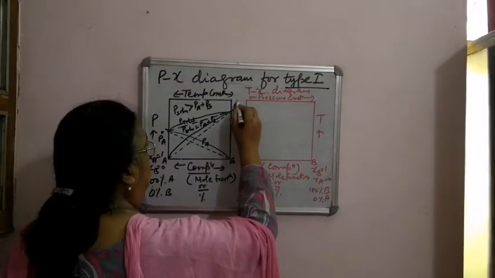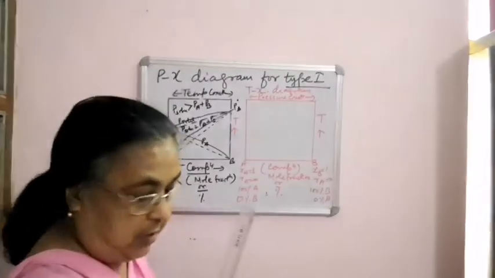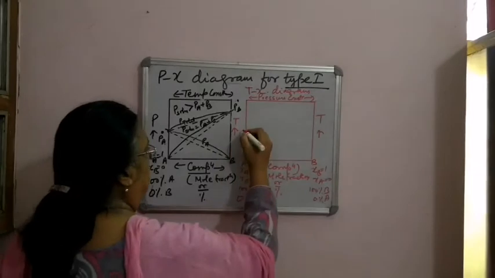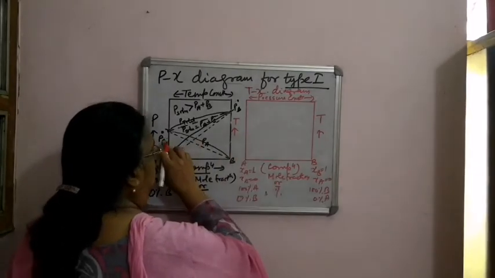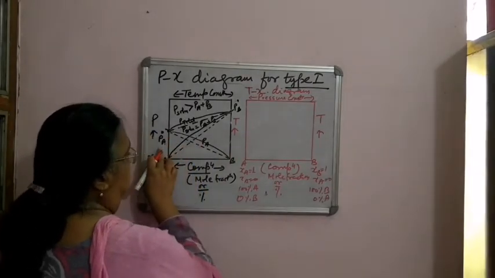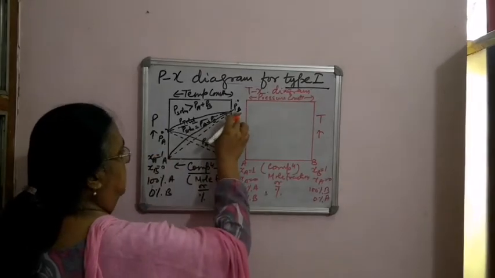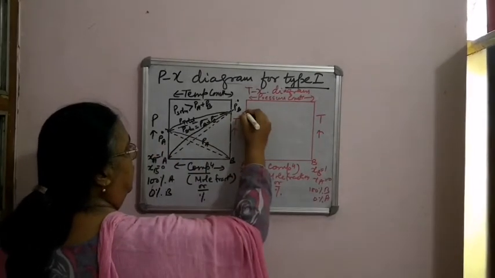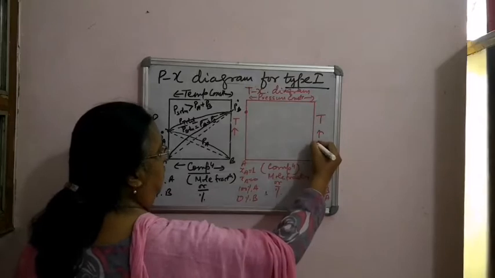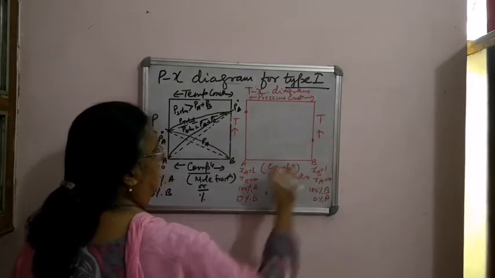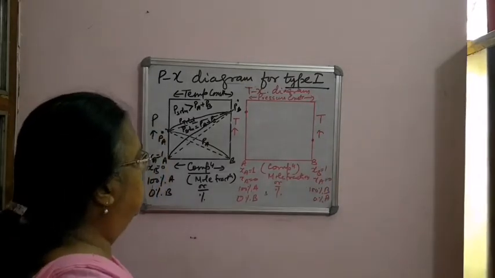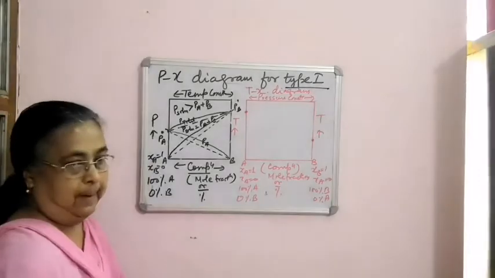This is P naught B. So when we draw for this, A is having lower vapor pressure than this. It means the boiling point of component A will be more than the boiling point of this. And you can draw the figure.